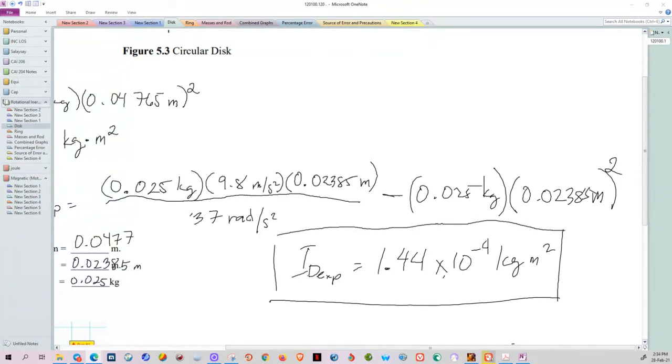Okay, you have to minus mr squared. Any questions, Shabab? Any questions how we get the inertia of the disc by experiment? Anyone?